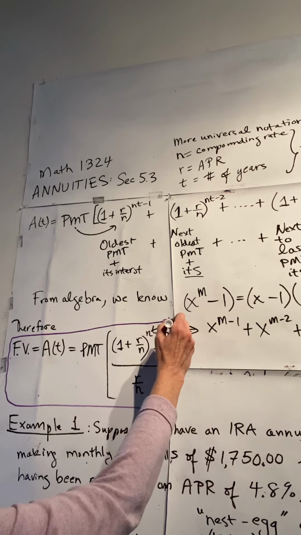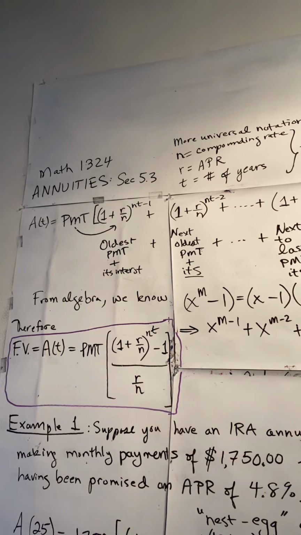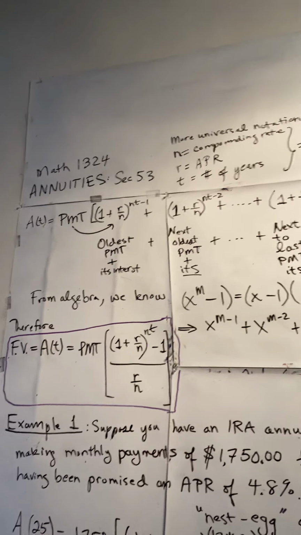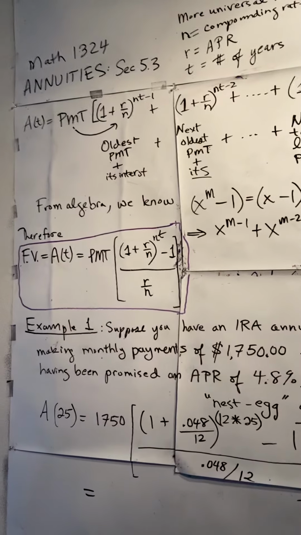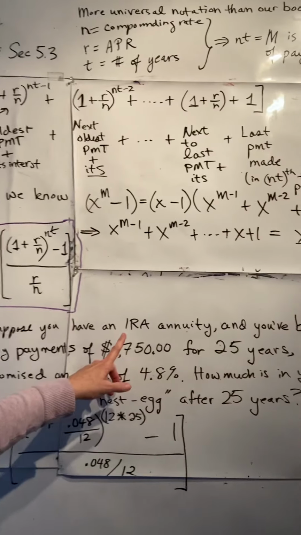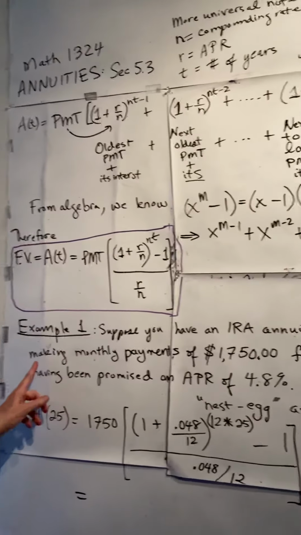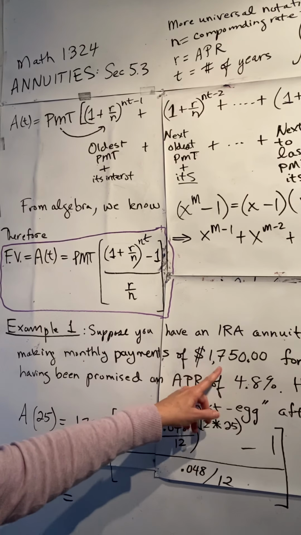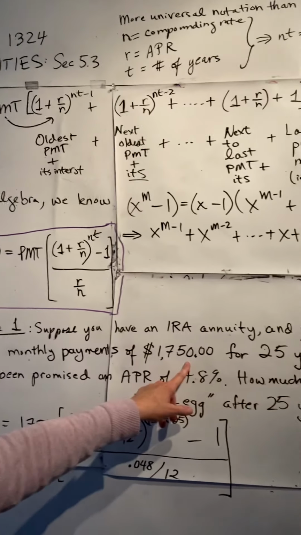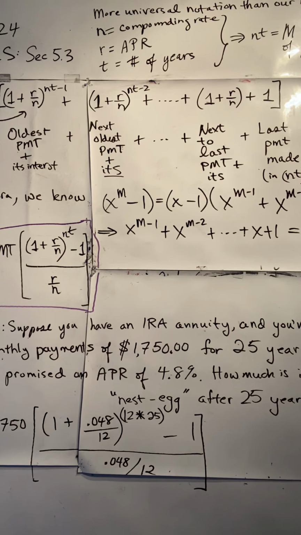Your book is trying to make things more complicated by introducing some notation that in a few sections they're going to abandon anyway. So let's just get right to the point and use this formula. So for example, let's say, suppose you have an IRA, individual retirement account annuity, simple annuity, regular annuity, and you've been making payments of $1,750 every month, you know, from your salary, which might be $10,000 a month, something like that.